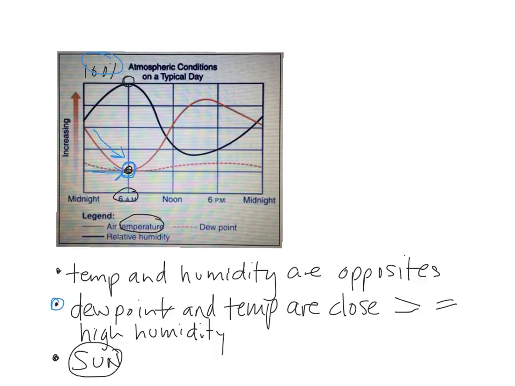Without the sun, we don't have climate. We don't have all of these changes. You could go as far as saying that without the sun, we don't even have life on Earth. So the sun changes temps, which then changes the relative humidity.